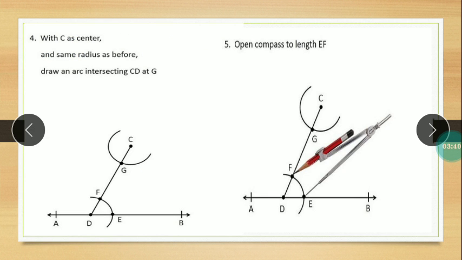Now with C as the center, without changing the radius of the compass, draw an arc intersecting CD at G. Now measure FE, or adjust the opening of the compass equal to the length EF.